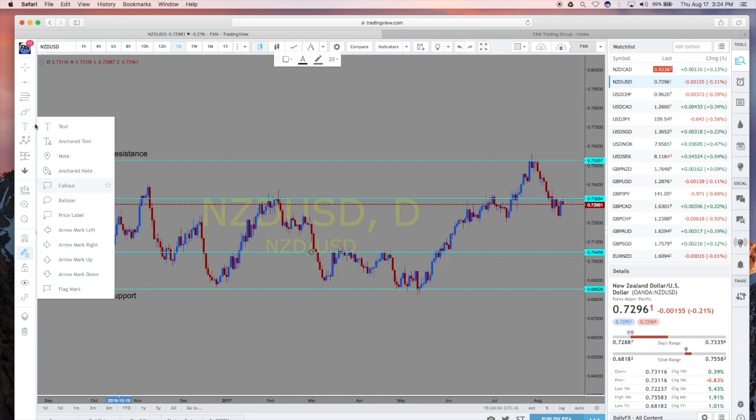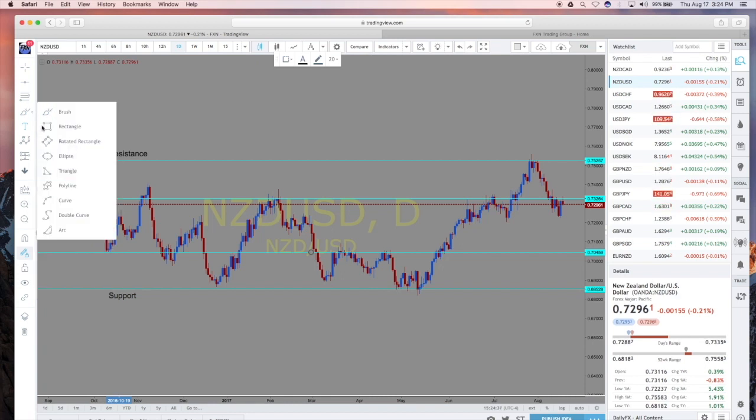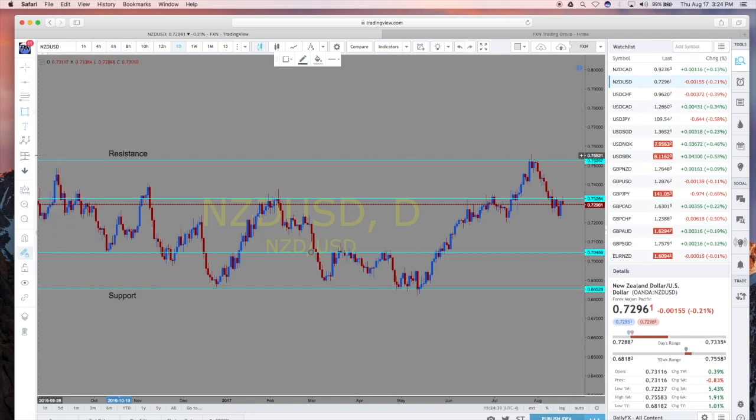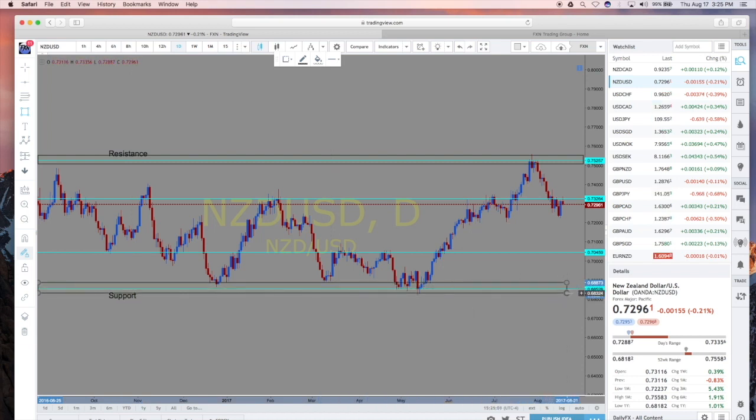So for example, this entire area here would be an area of resistance, just as this entire area down here is an area of support.